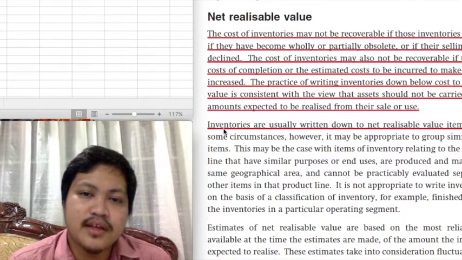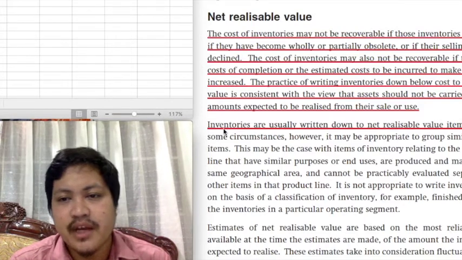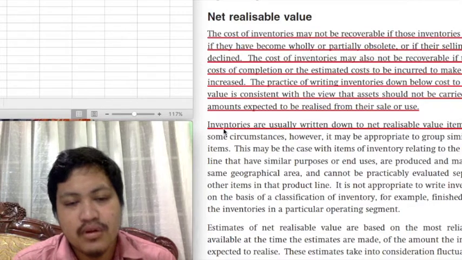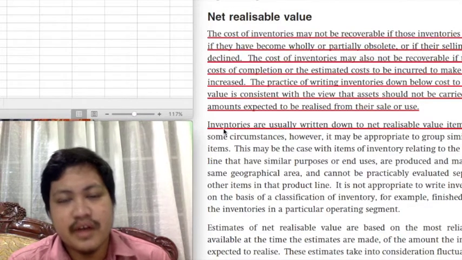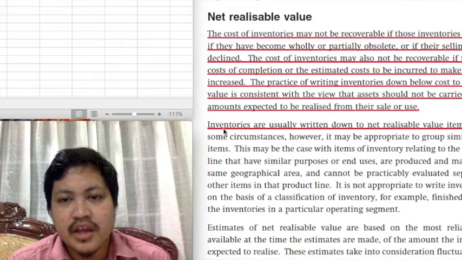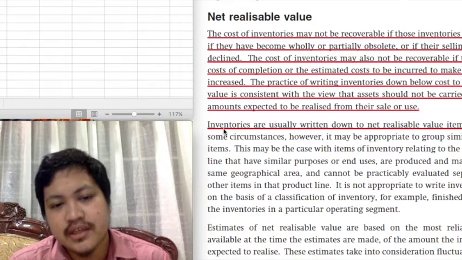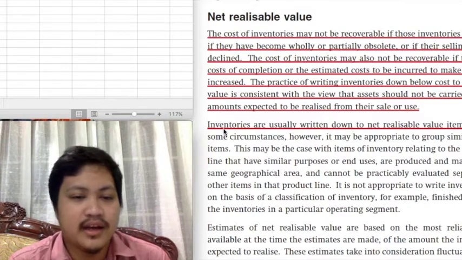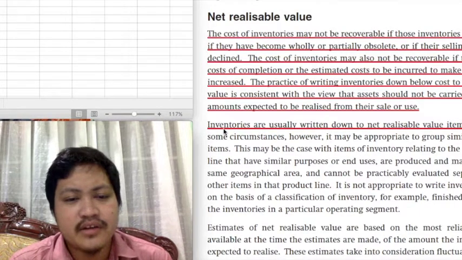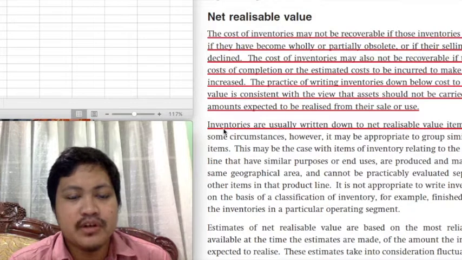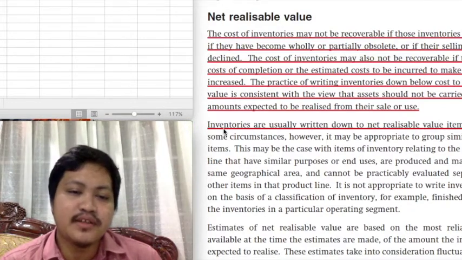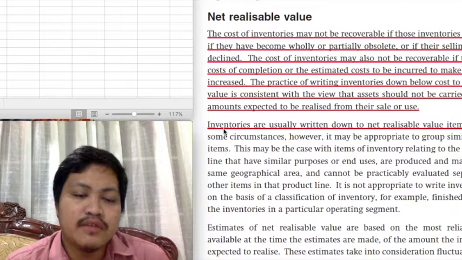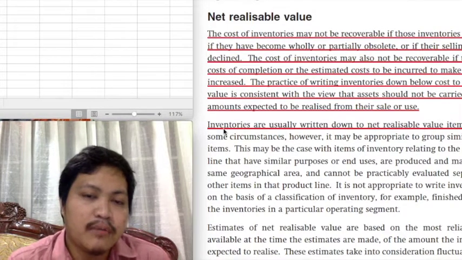So as the standard states, class, the cost of inventories may not be recoverable, meaning the whole cost may not be completely recoverable if those inventories are damaged, as I mentioned earlier, if they become wholly or partially obsolete, as I also mentioned earlier, or if their selling prices have simply declined. So this statement, class, is very understandable. As we established earlier, the expectation of businesses is to be able to sell the inventories above the cost at which the inventories were acquired or manufactured.